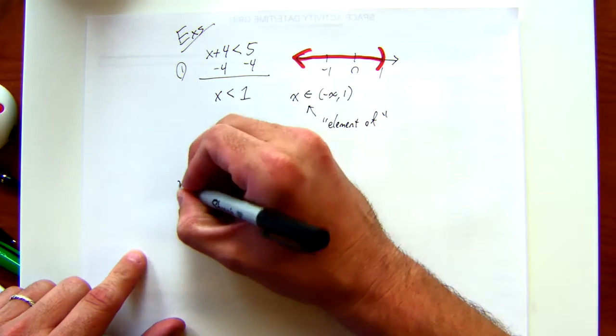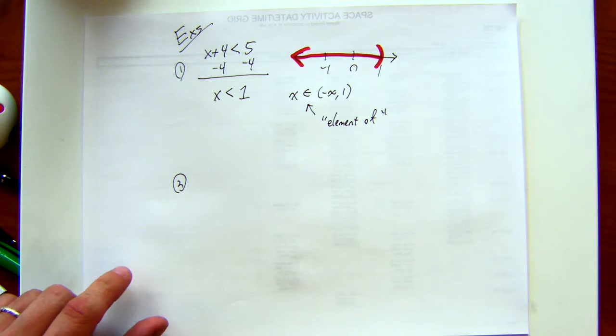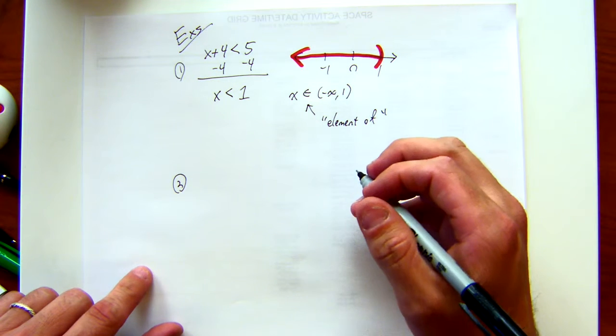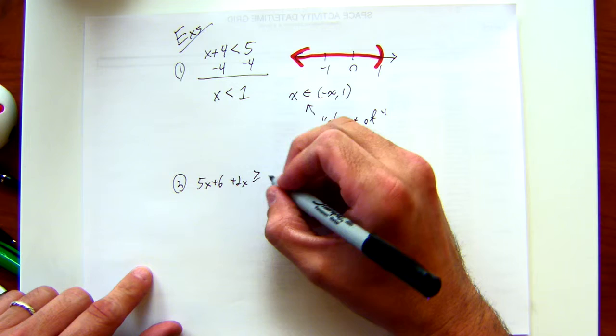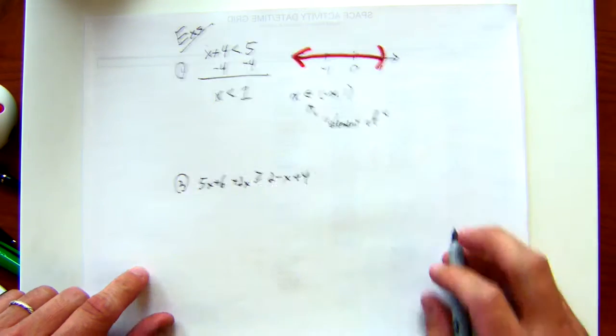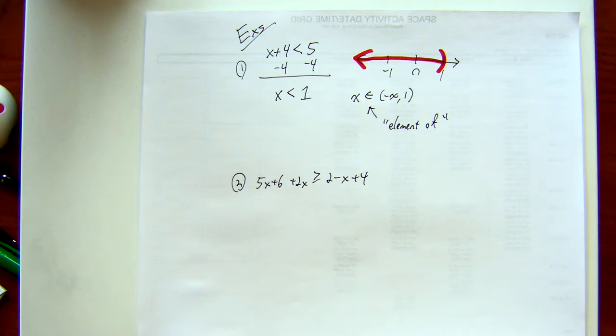Let's look at another example. 5x plus 6 plus 2x is greater than or equal to 2 minus x plus 4. Everyone try to solve that. Let's see.